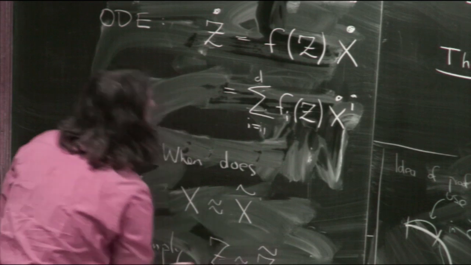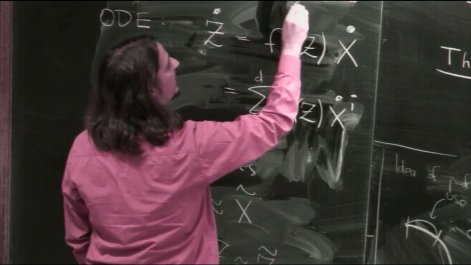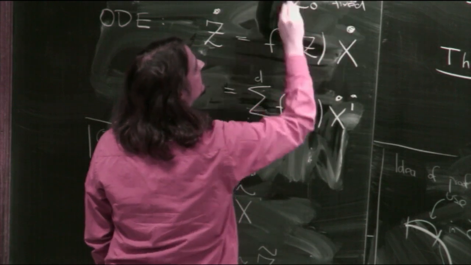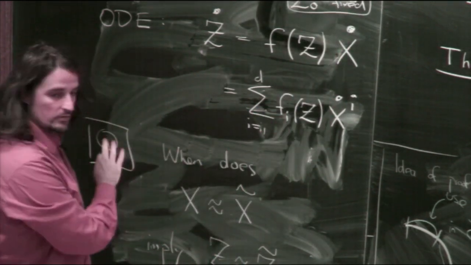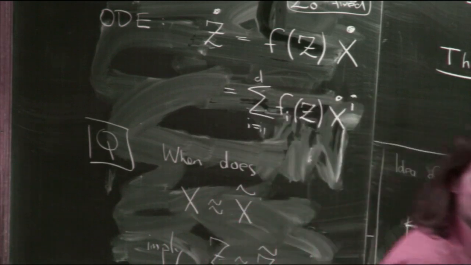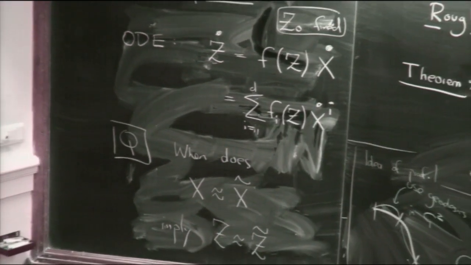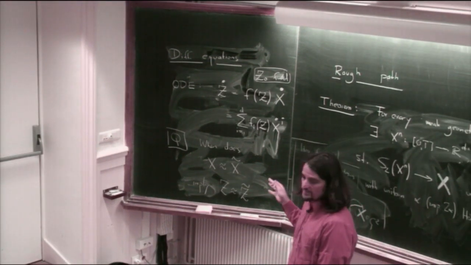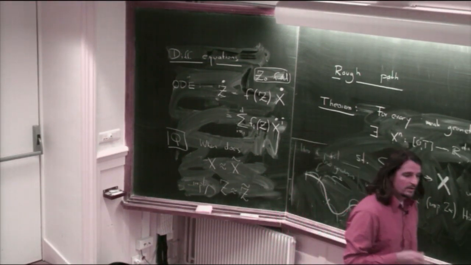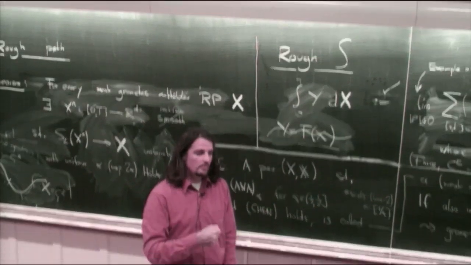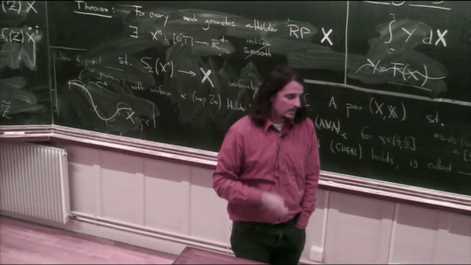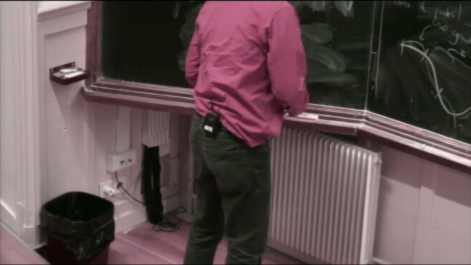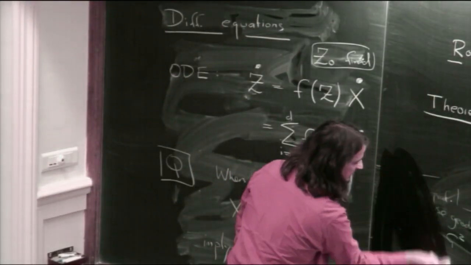Right? So, for the sake of argument, let's say that the starting point here is fixed. Right? So I think it's a very reasonable question. And this question is the reason why Terry Lyons called his first book System Control and Rough Path. So I'll clean the blackboard and you can think about this for a moment.